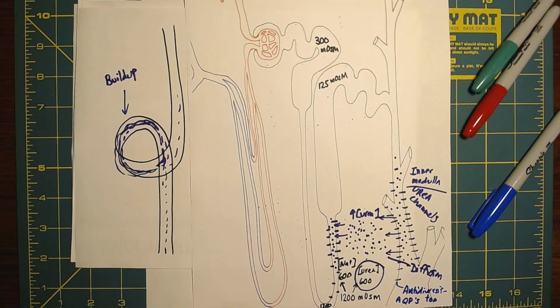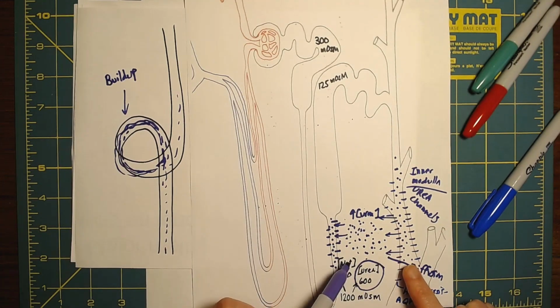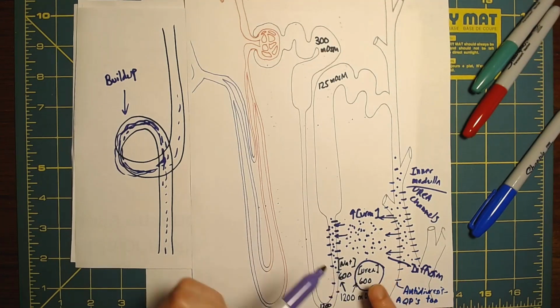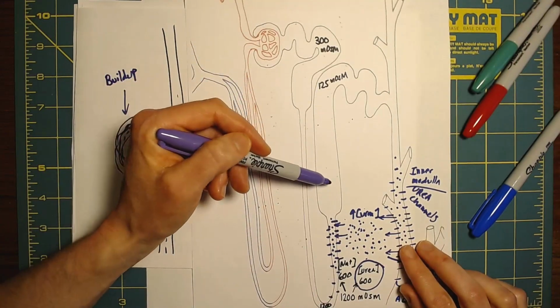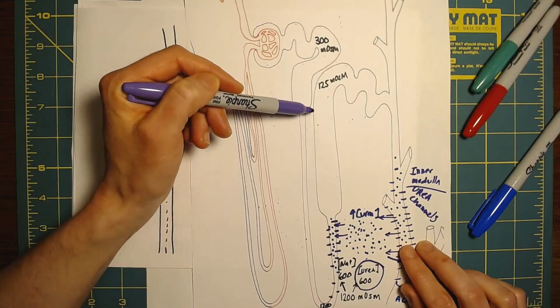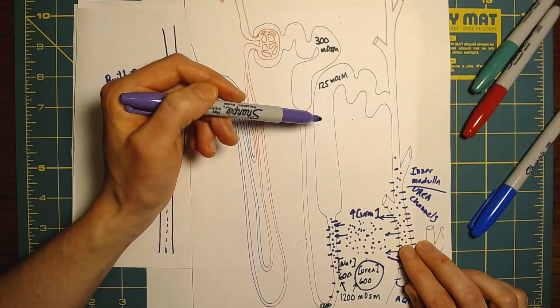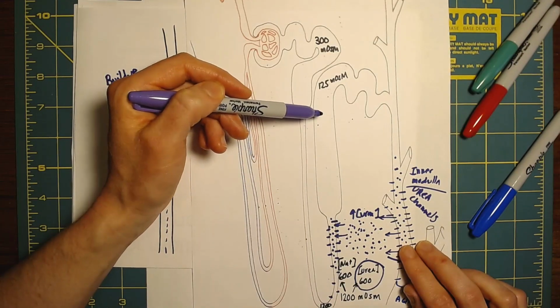So even though we might have an osmolarity overall down here that's 1200, this fraction of that osmolarity is not osmotically active. So this urea buildup here is not contributing to the movement of water. And instead, it's really that active transport of sodium that happens here in the ascending limb of the loop of Henle that's the mechanism behind water concentration.